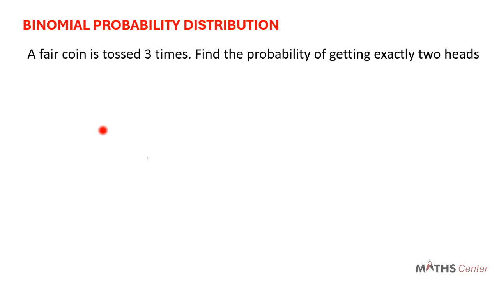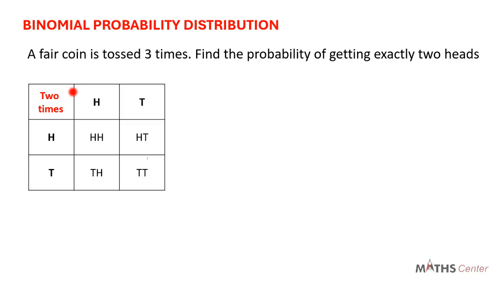In that lesson, we learned that to get the possible outcomes when you toss a fair coin 3 times, you first have to generate the possible outcomes when you toss the coin 2 times. When you toss a coin once, you either have a head or a tail. So head, tail here will be the first coin, and then head, tail here will be the second coin.